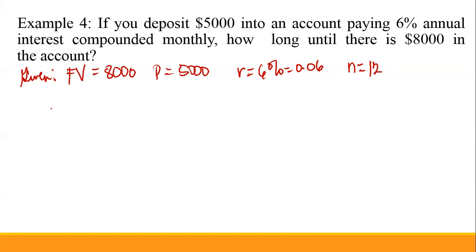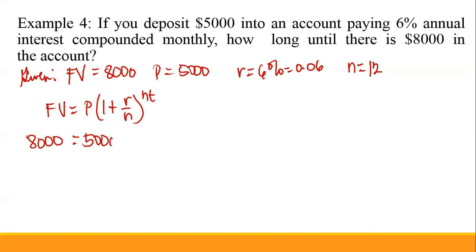Okay, so from our formula, V is equal to P times 1 plus r over n, raised to nt. Just plug in the given information. So we have 8,000 equals 5,000 times 1 plus the annual interest rate 0.06 over 12, raised to 12 times t. Sinisingit yung t, yung time.